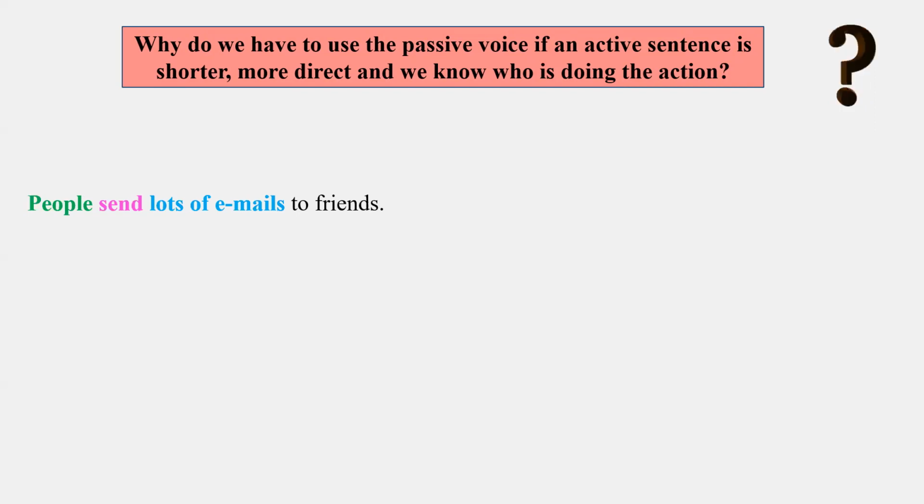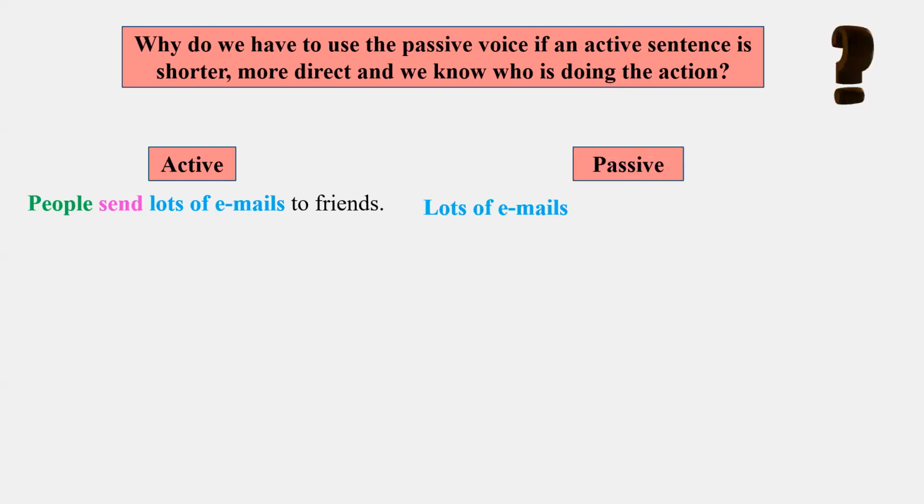Do you remember the steps? Identify the subject, the verb, and the object. Perfect. So the object is lots of emails. Lots of emails are sent, perfect, to friends by people.